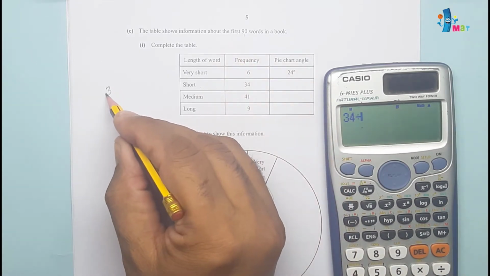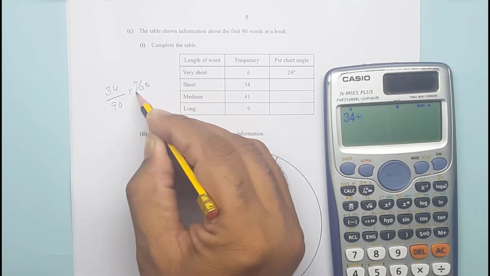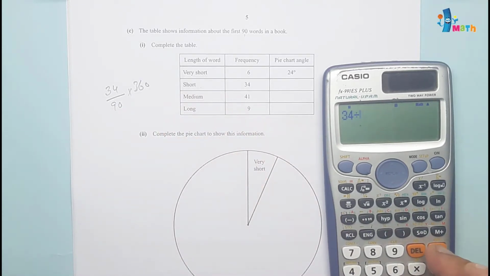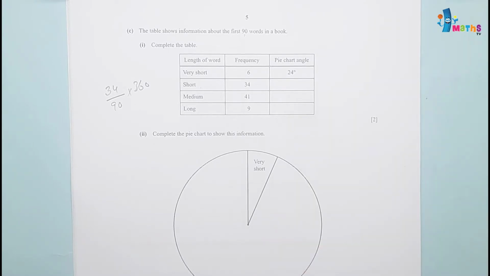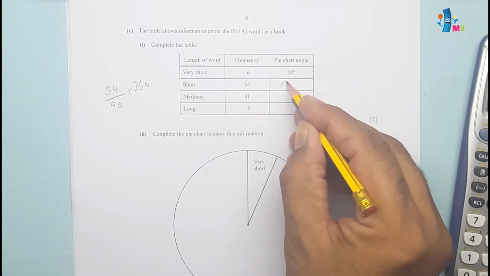So I'll write here 34 divided by 90 multiplied by 360. This is the process which we will be doing for all the numbers. So 34 divided by 90 and multiplied by 360 is equal to 136.